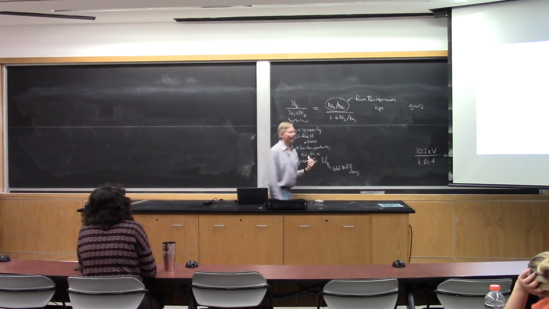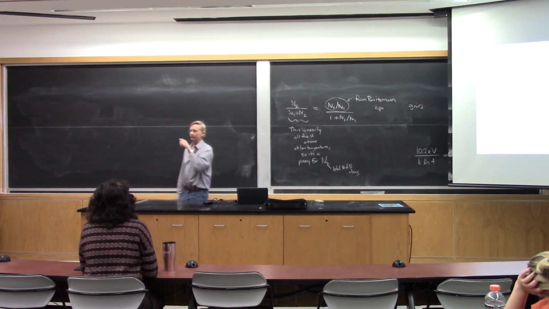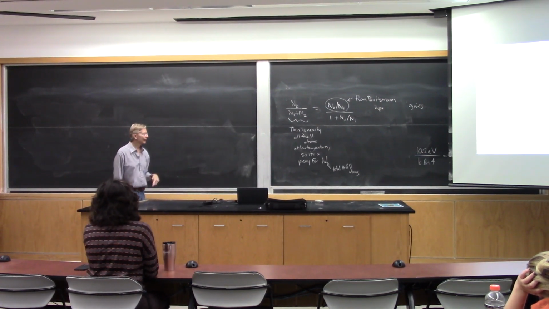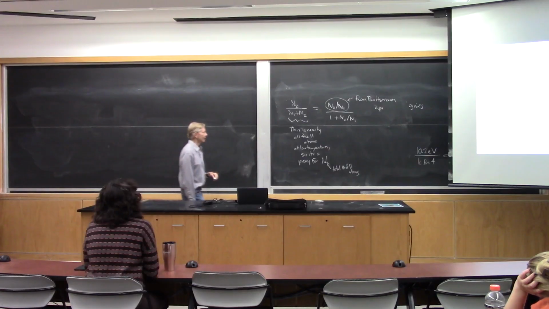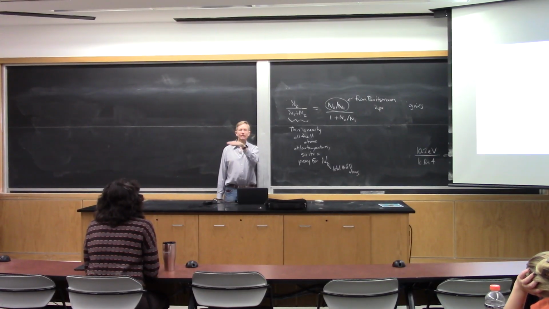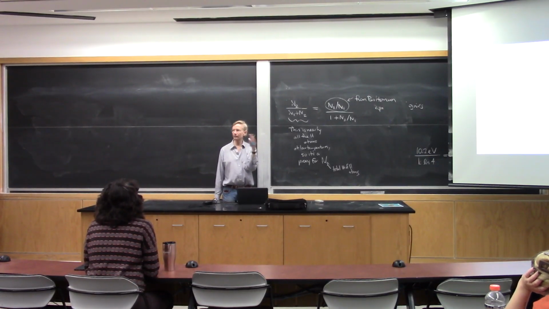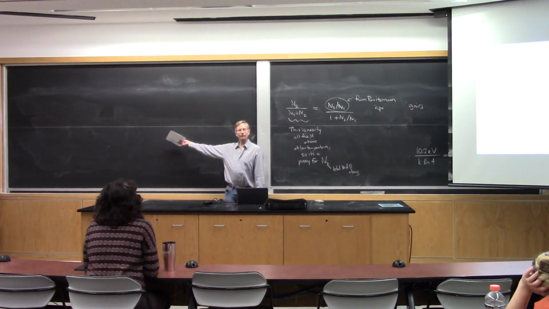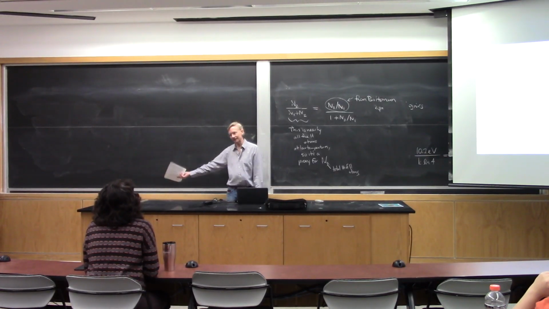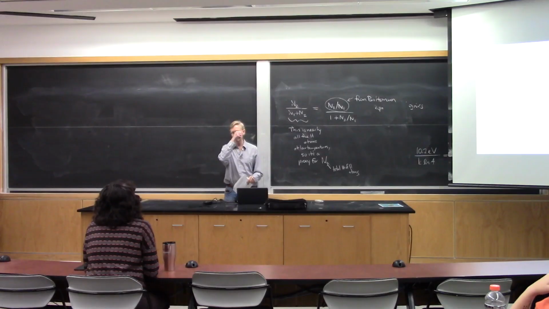So, in Mathematica, what you would do is define a function, right? You could define the function n2 over n1 as a function of temperature by plugging into the formula and telling it what k is and so forth. You put in that formula we got for n2 over n1 as a formula in Mathematica.